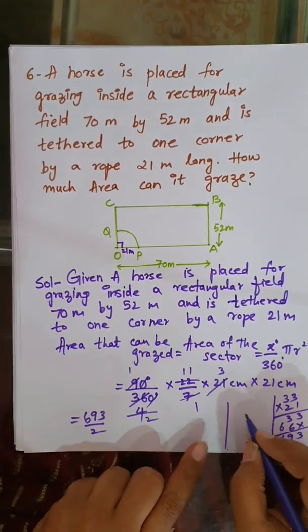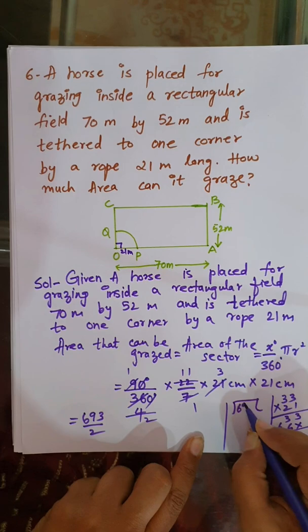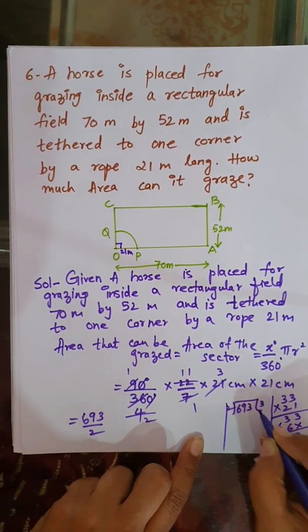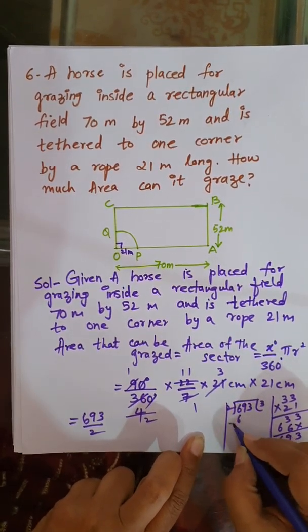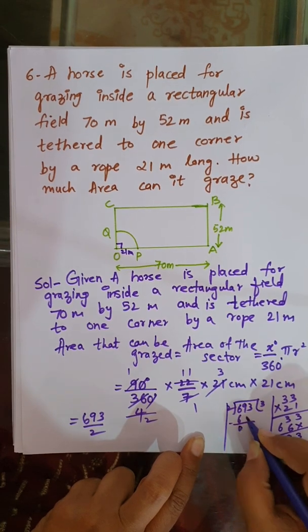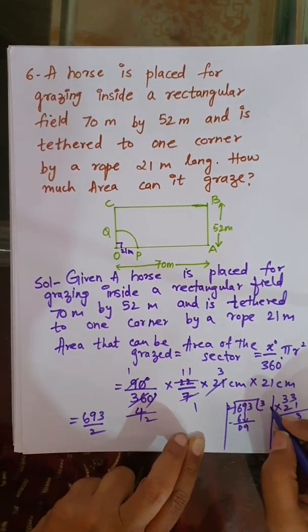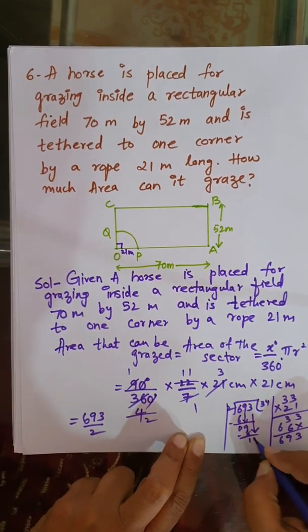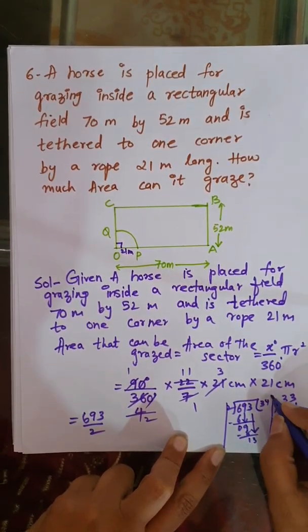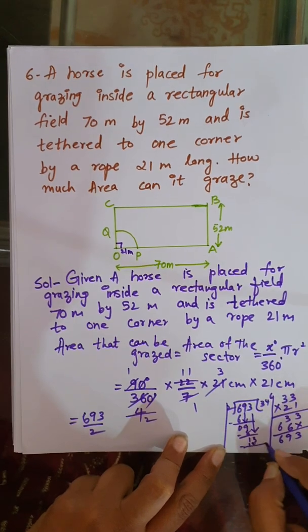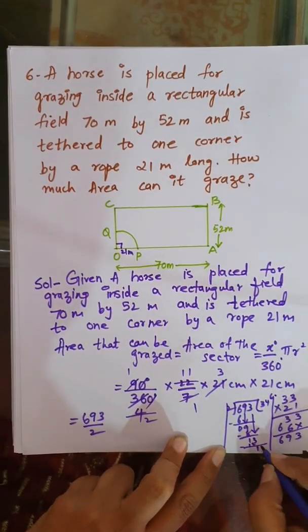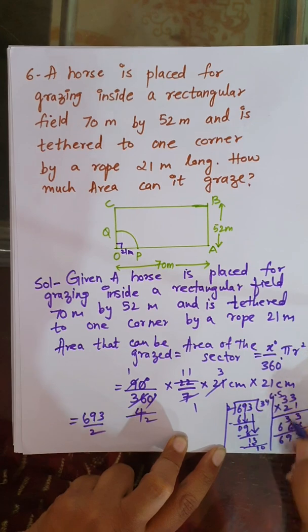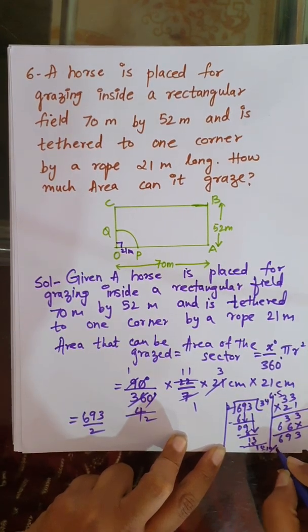Now we have to divide 693 by 2. 2 threes are 6. Bring down 9. 2 fours are 8. 1 remains, bring down 3. 2 6s are 12. 1 remains, we will put a point and put 0. 2 5s are 10.